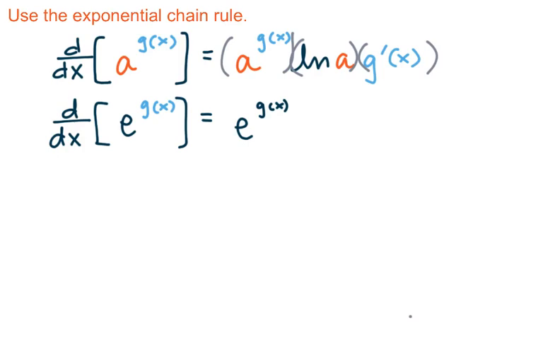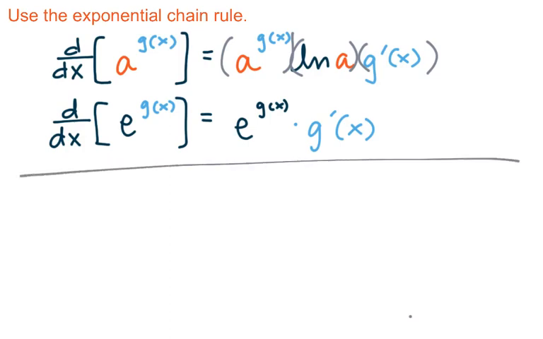And then we would say times the natural log of e, which of course we know is 1, so we do not need that there, times the derivative g prime of x. So let's look at an example of each of these in a basic situation, and then we will move ahead with some more difficult derivatives using exponentials.